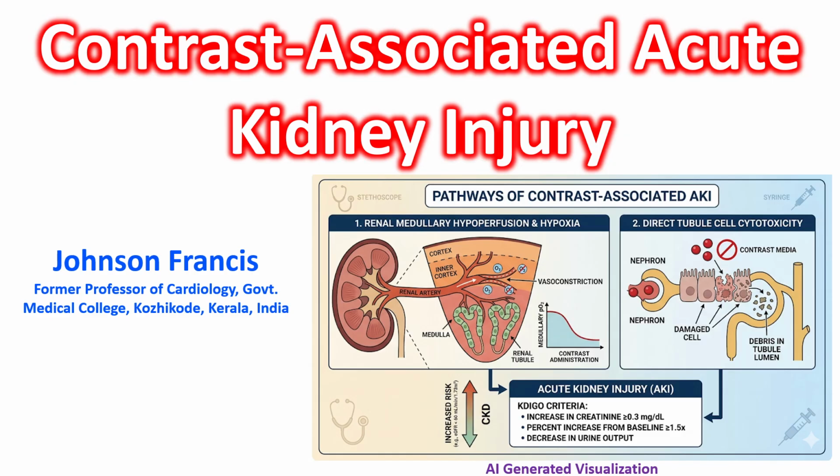AKI is classically defined by the KDIGO, that is Kidney Disease Improving Global Outcomes 2012 criteria, as an absolute increase in serum creatinine of 0.3 mg per deciliter or more within 48 hours, a relative increase of 1.5 times baseline or more within 7 days, or a urine output of less than 0.5 ml per kilogram per hour for at least 6 hours.